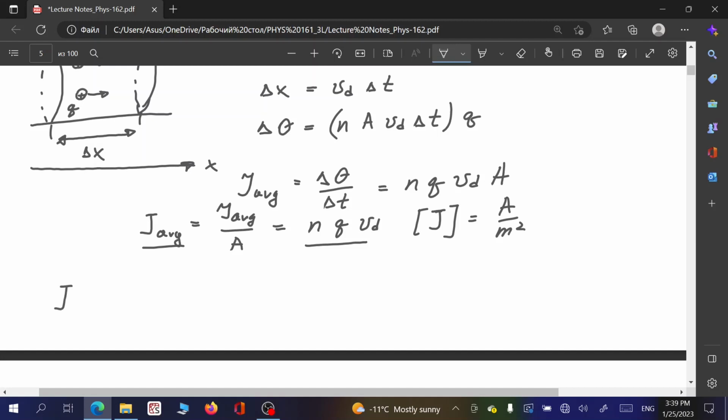So current density J is equal to sigma times electric field. Sigma in this case is not a surface density, but a new parameter which is conductivity, the specific conductivity of the conductor. And if we multiply this by the magnitude of the electric field, we get the current density in the conductor.